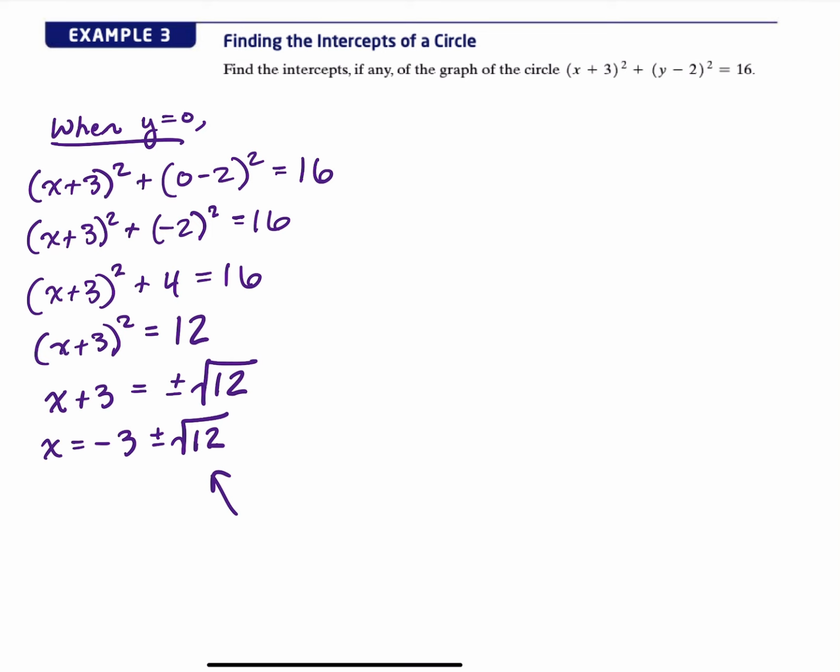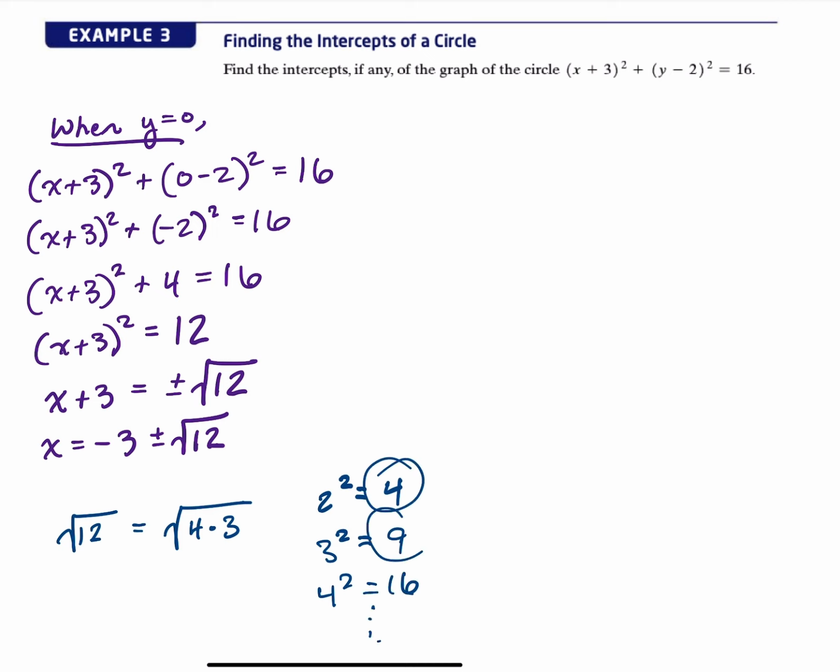I just want to remember reducing square roots. If I have the square root of 12, I can think of that as the square root of 4 times 3, trying to break it into factors where one of them is a perfect square, like 2 squared is 4, 3 squared is 9, 4 squared is 16, and so on.